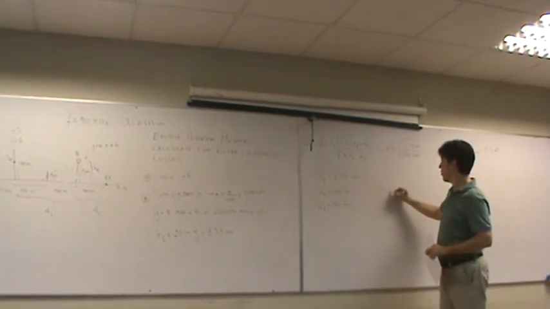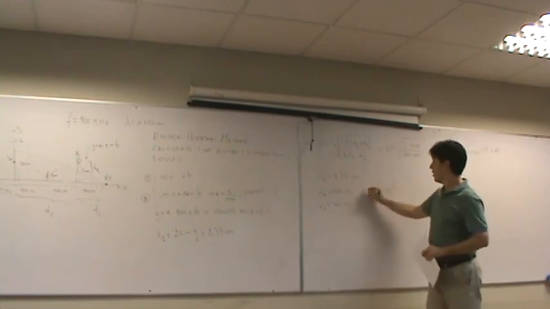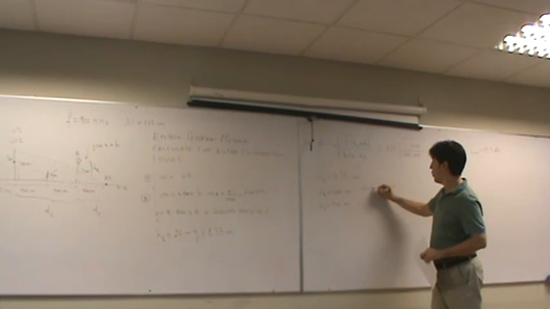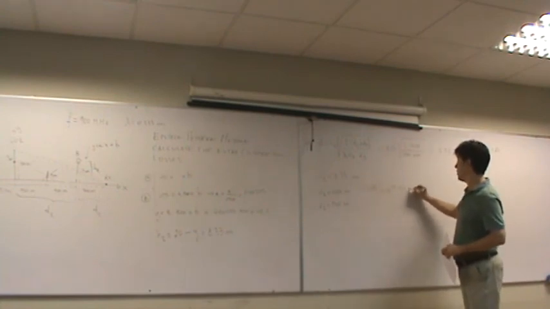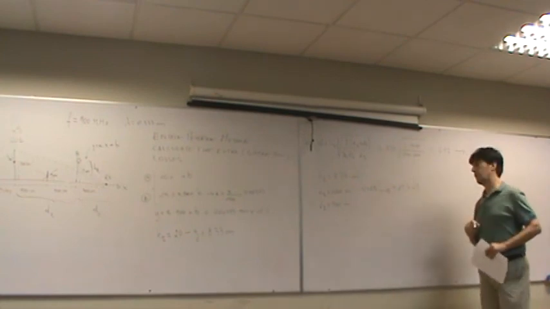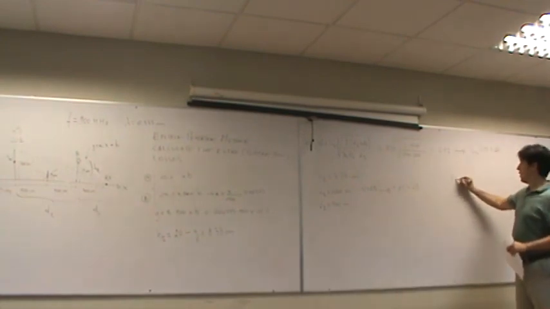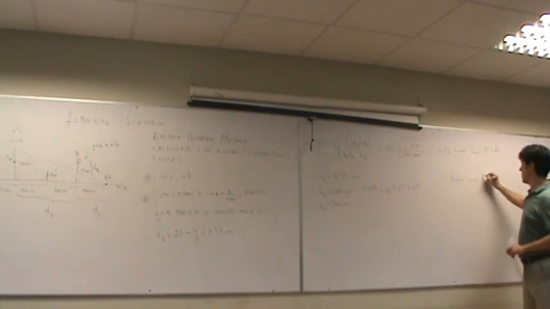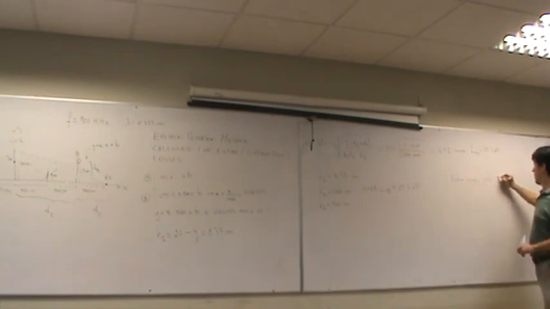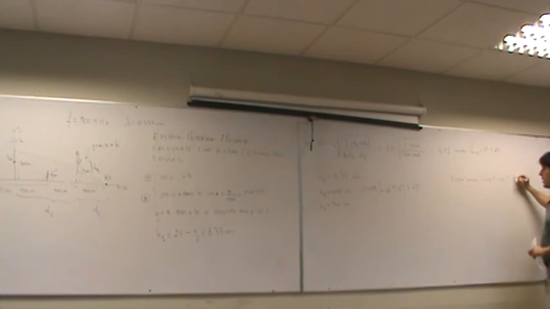So the Fresnel-Kirchhoff parameter would be 1.12, and the losses will be the same, 15.3. So the total extra losses, L01 plus L02, are 30.6 dB.